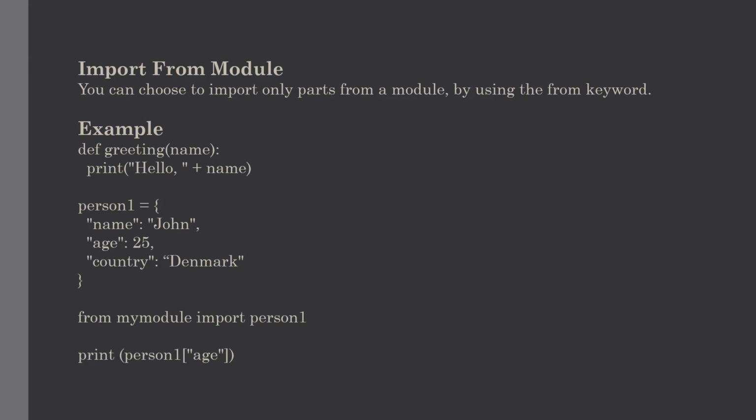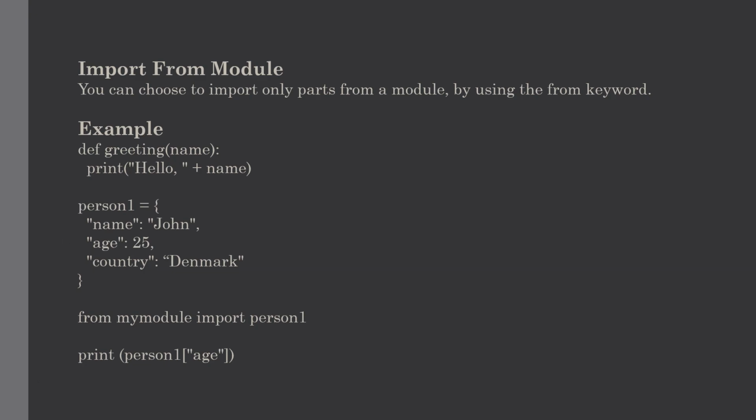Our last topic is import from a module. We can choose to import only some of the parts from a module by using the from keyword. In this given example, we have one module named my module, which has one function and one dictionary in it. The function is a greeting function and the dictionary is named person1, which has 3 key value pairs that we have seen in the earlier examples.